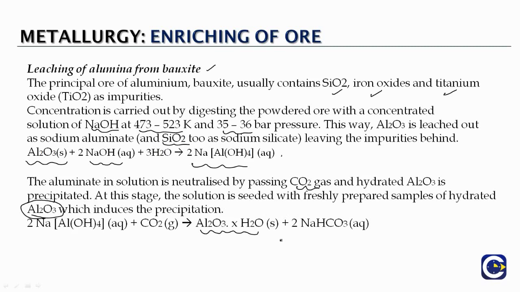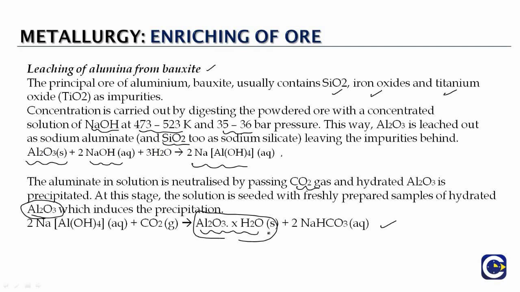Basically this is a step where we induce this precipitation by adding some freshly prepared hydrated Al2O3, and this step basically separates the sodium aluminate from the sodium silicate. So this formation of hydrated Al2O3 makes sure that we have the hydrated Al2O3 separated out, whereas the sodium silicate is left behind in the solution.